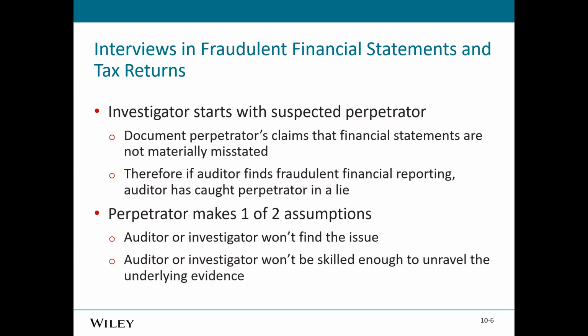Essentially, they're betting that they're smarter than we are, and that they're going to get away with it. By interviewing that person at the beginning, you're able to document their claim that the financial statements are not materially misstated, or that the tax returns are fine. Then as we subsequently find out about that fraudulent reporting, you've now caught that person in a lie, as they're trying to conceal that act.